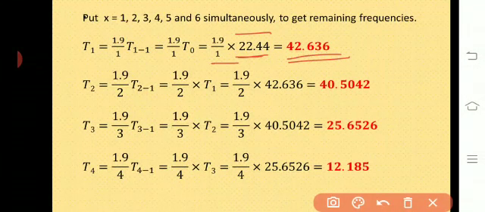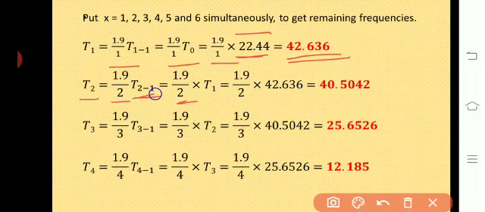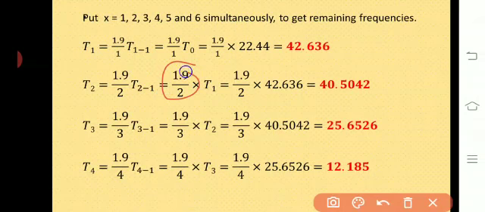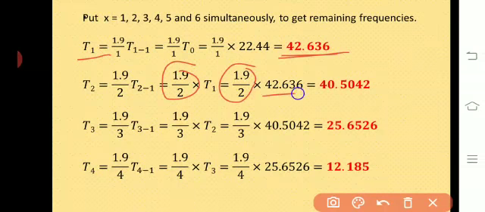Similarly, put x equal to 2, you will get T2, which is equal to 1.9 divided by 2 into T of 2 minus 1, which is T1, and the T1 value is 42.636.